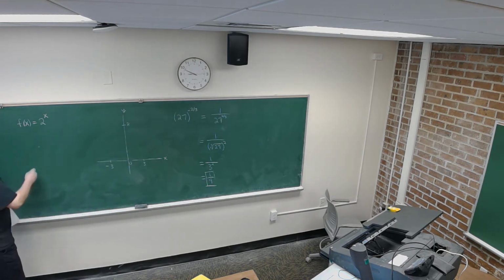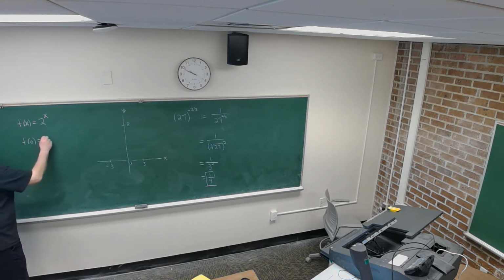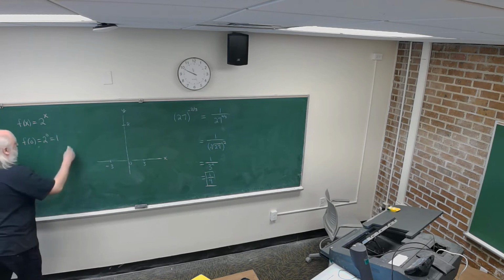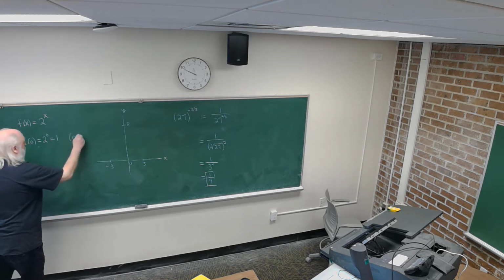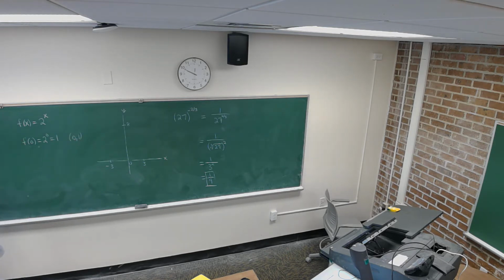And f of 0, the value of the function at x equals 0, is equal to 2 to the 0. 2 to the 0 is equal to 1. So the point (0, 1) is on the graph of this function.